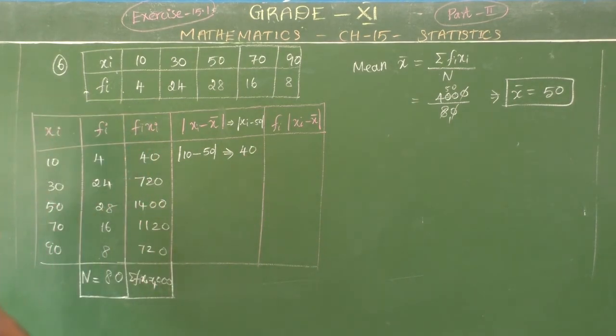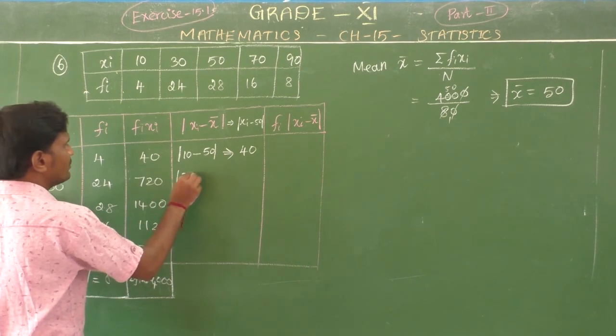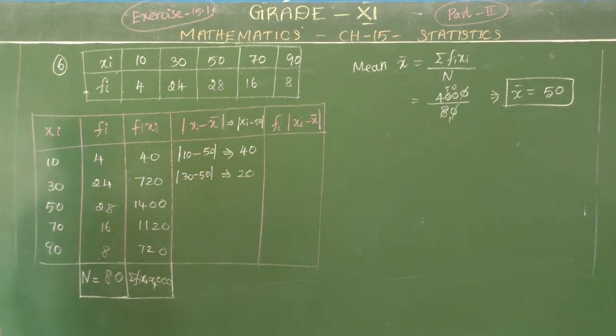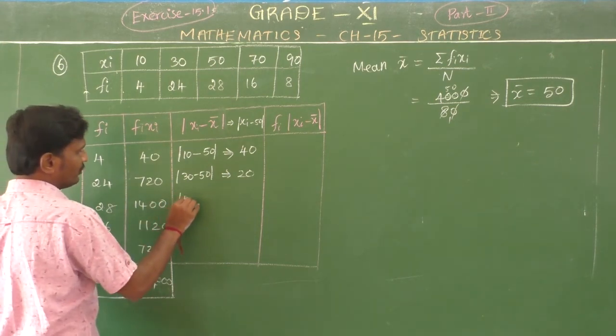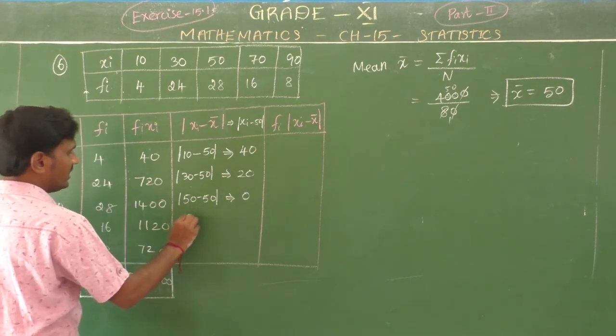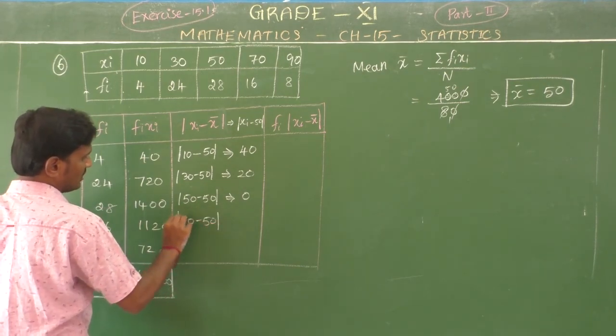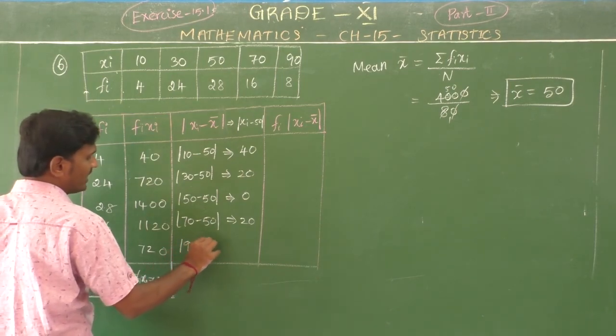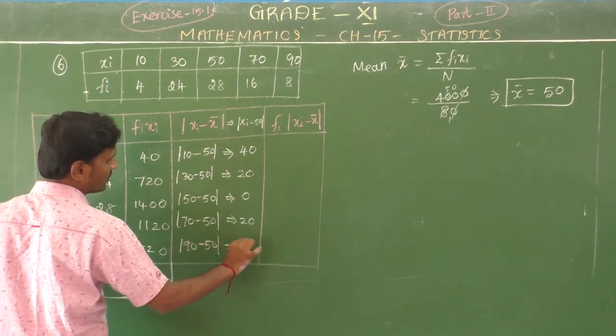Then modulus of 30 minus 50 gives 20. Then 50 minus 50 is 0. And then 70 minus 50 is 20. Finally, modulus of 90 minus 50 is 40.